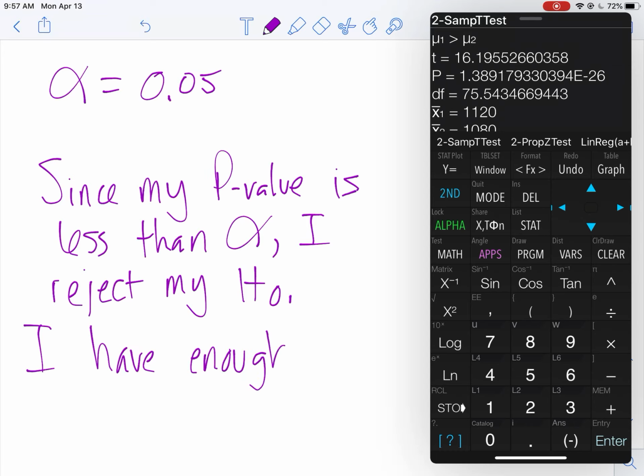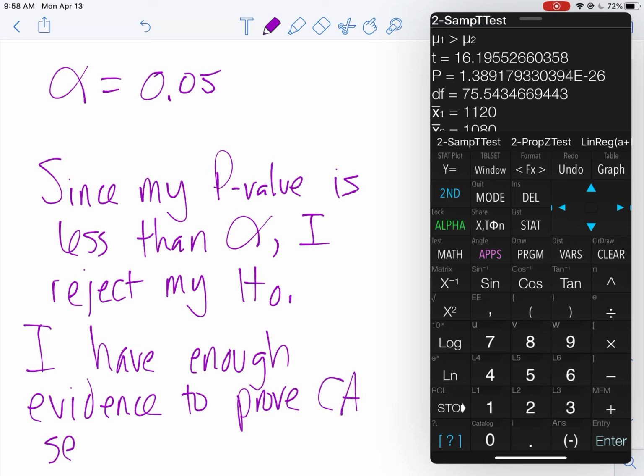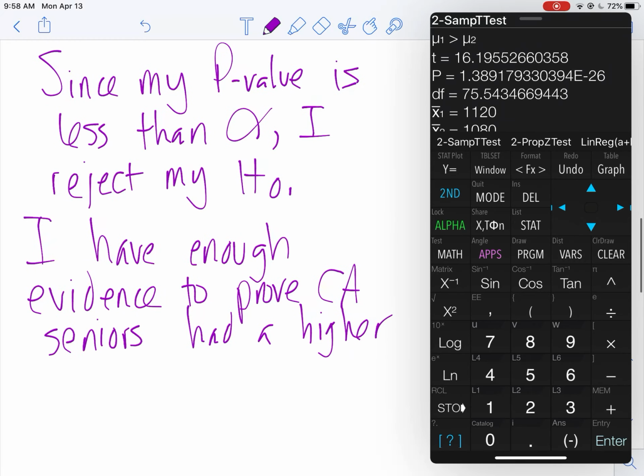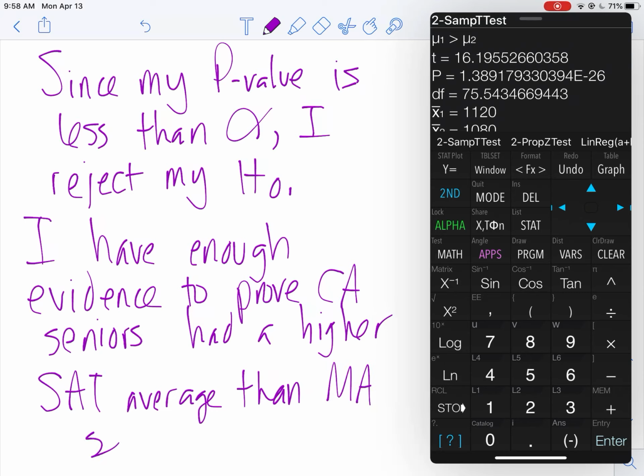I have enough evidence to prove California seniors had a higher SAT average than Massachusetts seniors.